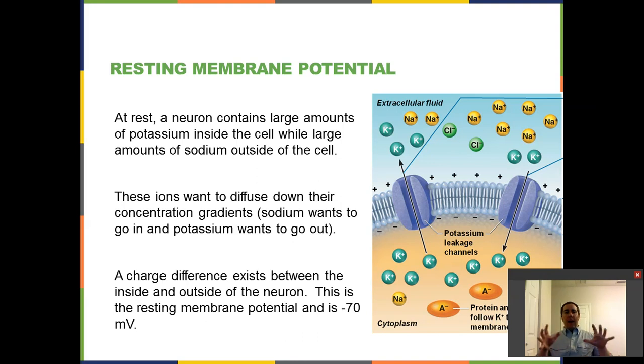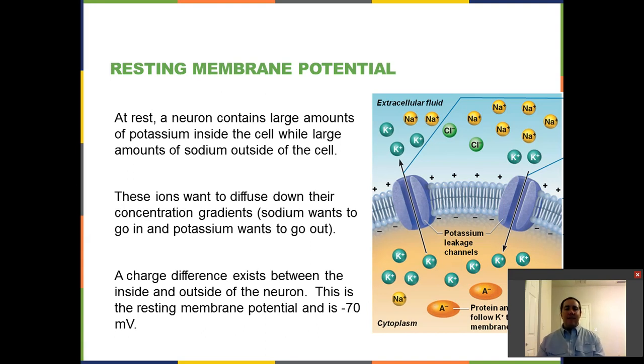Normally, we have positives and negatives outside, and positives and negatives on the inside. If you get rid of some of the positives on the inside, but the negatives stay behind, now we have more negatives than positives. And if that happens, the inside of the cell becomes negatively charged.